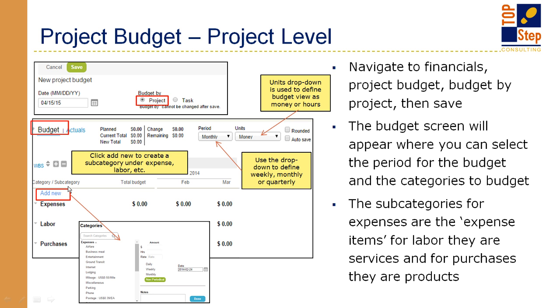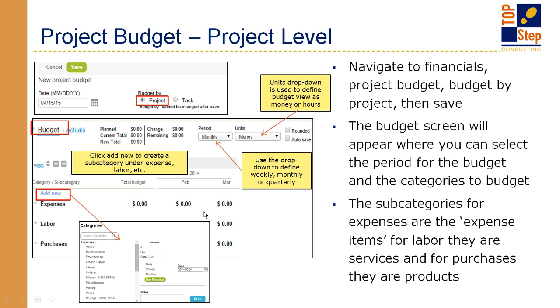For expenses, the subcategories are the expense items. For labor, it's the services. I see purchases here because we're using the purchases module. If I want to add a subcategory for purchases to budget in, those will be the products I have identified in the purchases module, where I've set up an administration for purchases.